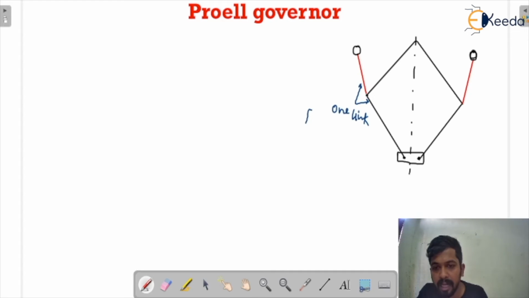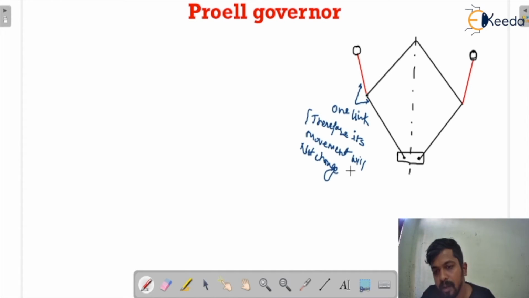So that's why I'm writing here that therefore its movement will not change with respect to each other during movement. Okay, so this is about the one link.